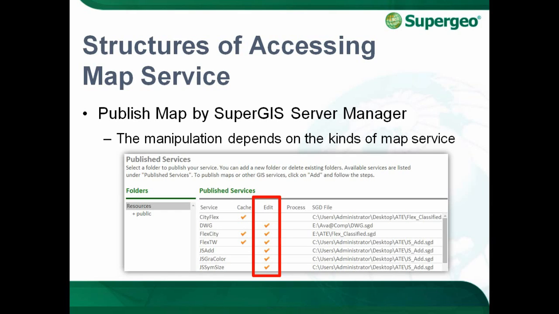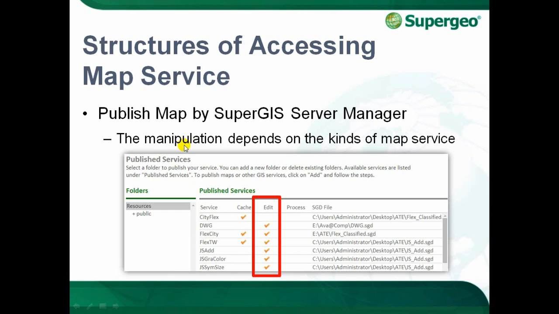For another example, the map service City Flags has no check on the edit part. It means this map service cannot be edited. So while we are creating our apps to access this map, we cannot use the function to edit on this part.